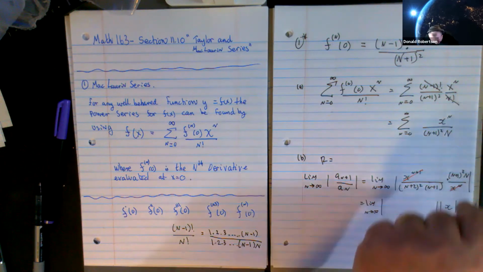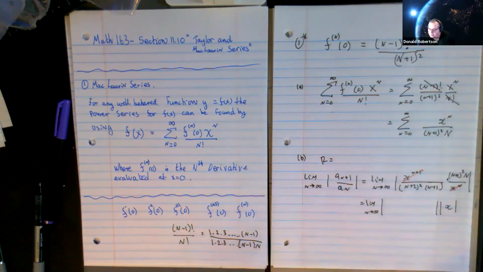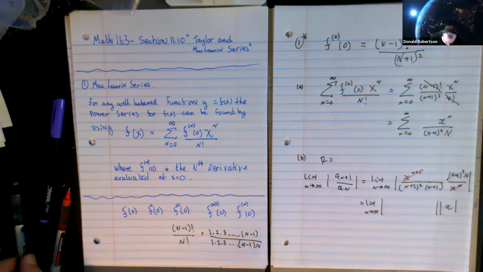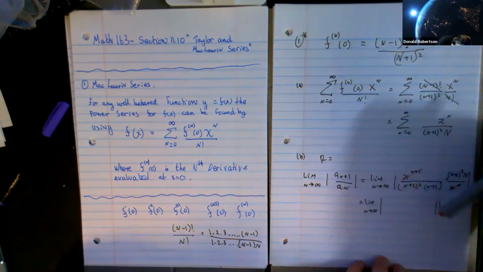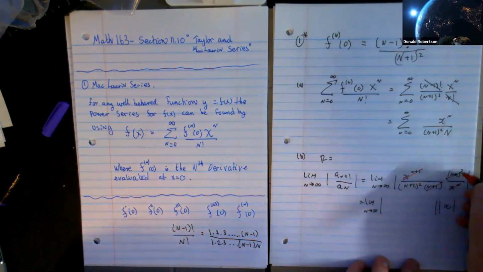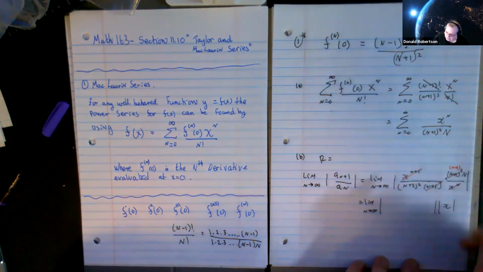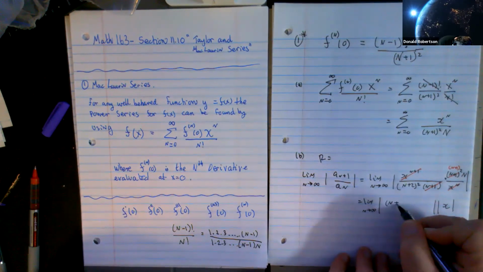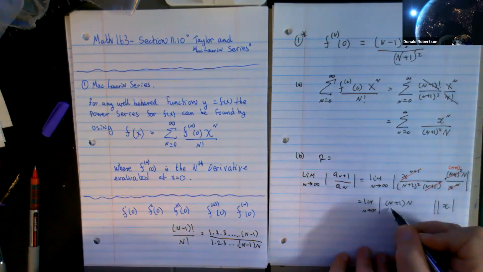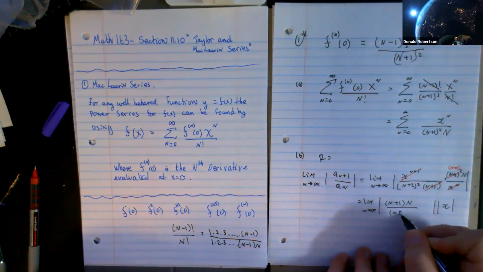Can you see anything on the top cancelling anything on the bottom? n plus 1 and the n plus 1 squared. If I cancel this one with that, won't you still be left with an n plus 1 on the top? So what do I have here? I have an n plus 1 and an n, and on the bottom, I have an n plus 2 squared.